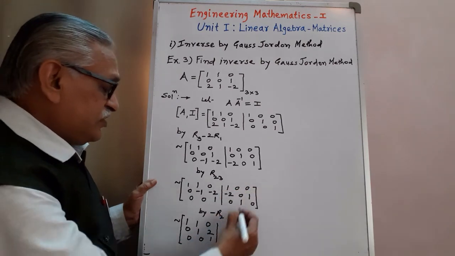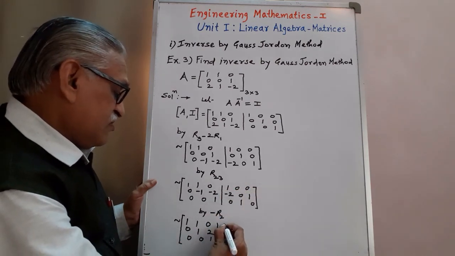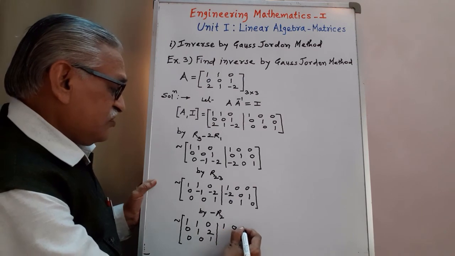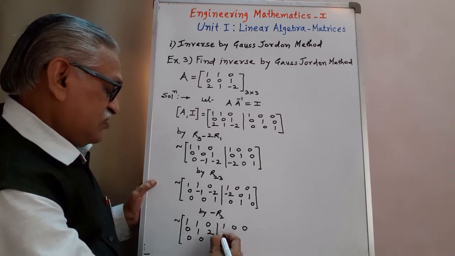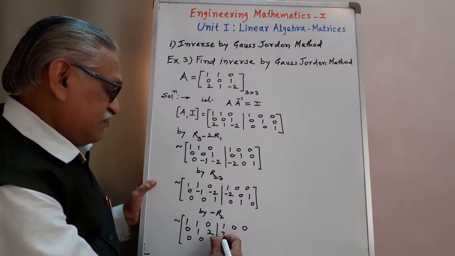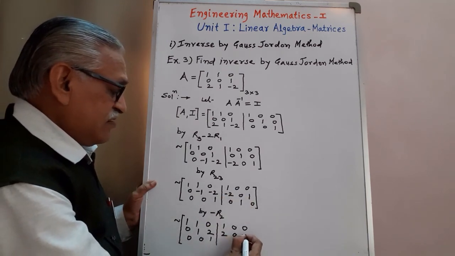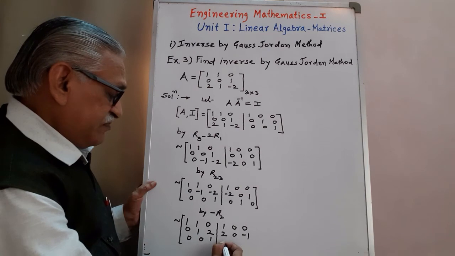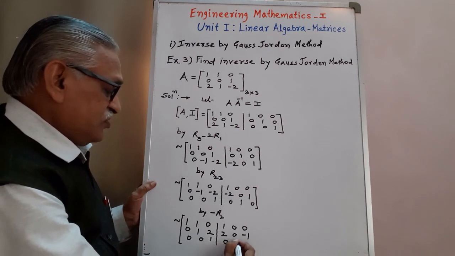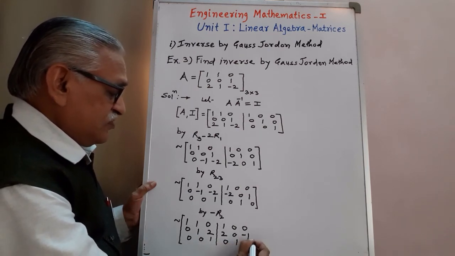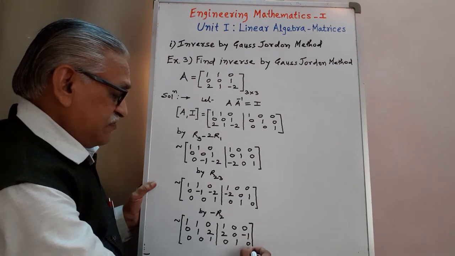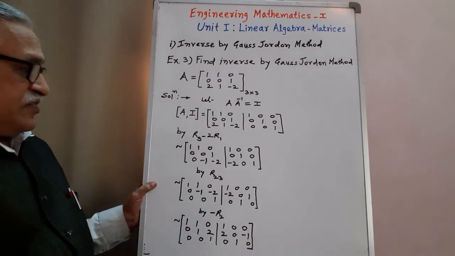Same way to apply on this. 1 0 0, plus 2 0 and minus 1. Third row no change, 0 1 0.